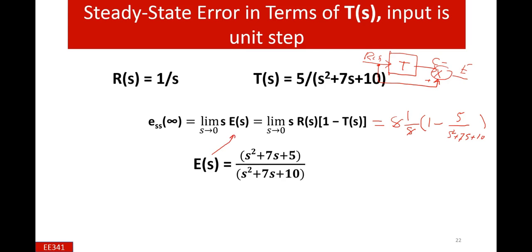If we apply the limit as s approaches 0, this term goes to 0 and this term is also 0, so it is equal to 5 over 10.